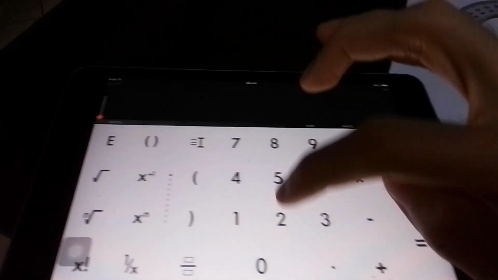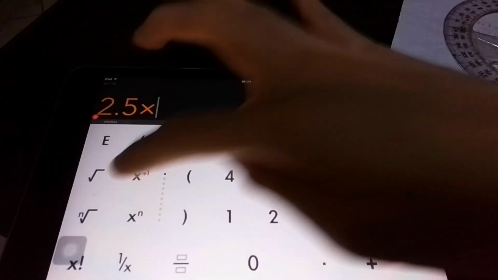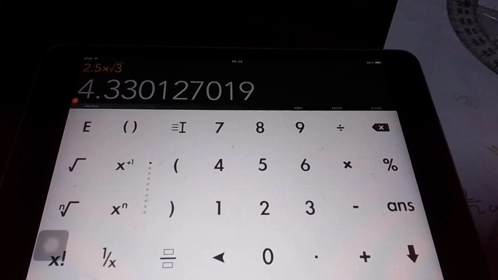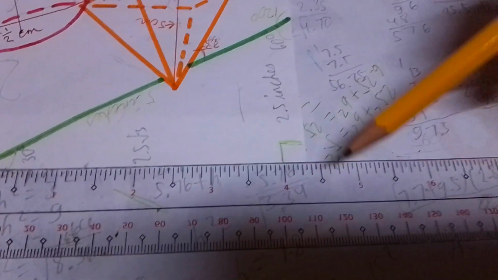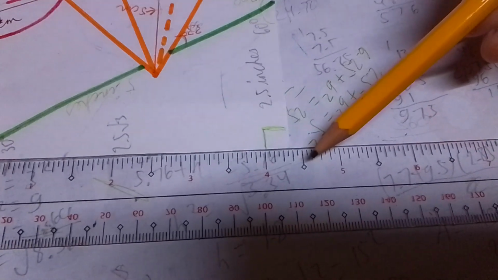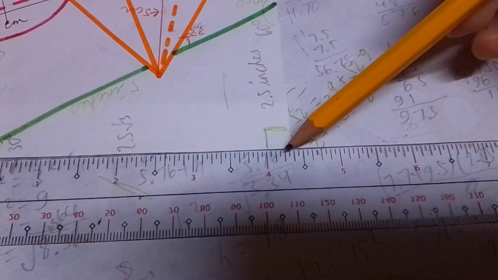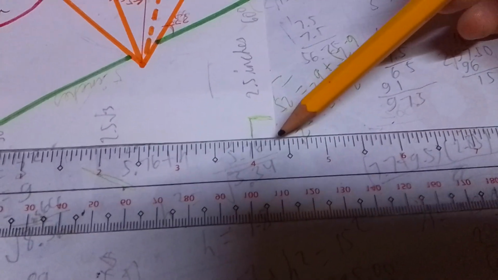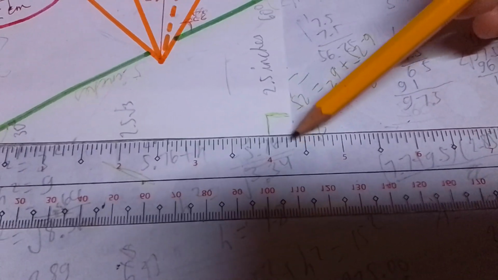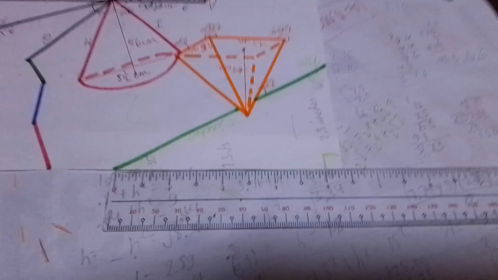Let's check. 2.5 times the square root of 3. You should get 4.33 something. So 4.33 inches. Maybe that's somewhere up to here, between those two lines that you see here. Take note, inches is in American units, alright?